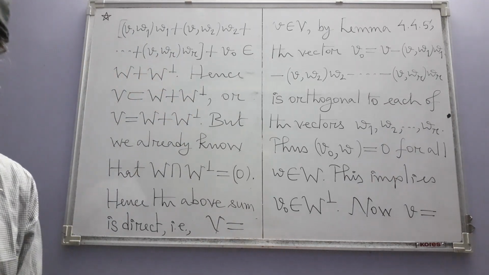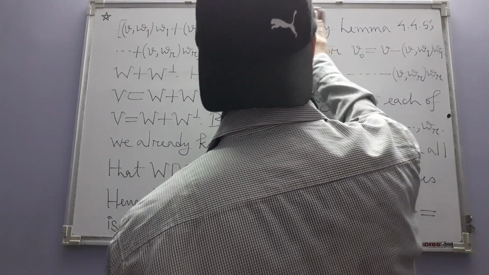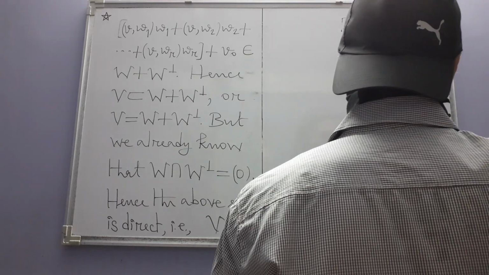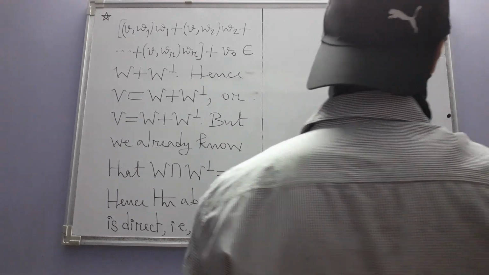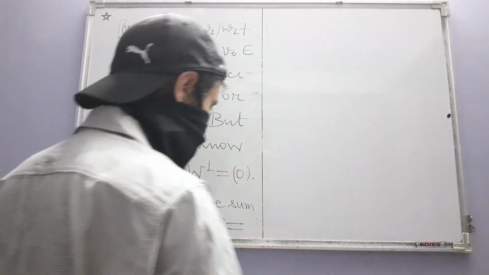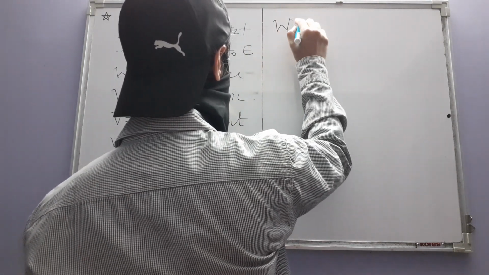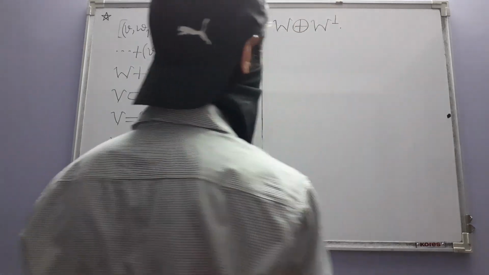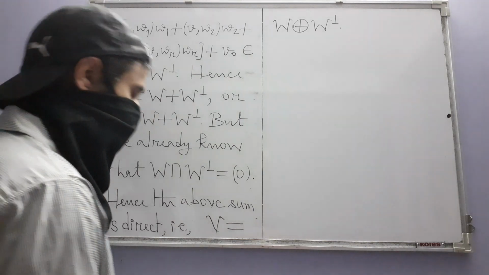V is the direct sum of W and W orthogonal, where in place of ordinary sum we write O plus. O plus means we write the addition symbol and enclose it within a circle. This thing. Okay, so that's how we have our result.